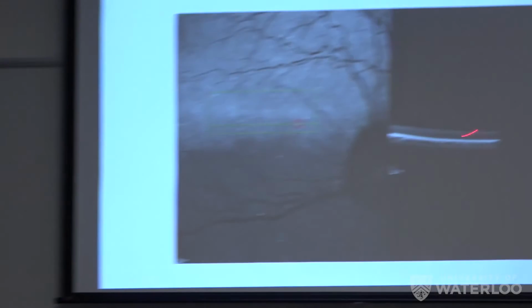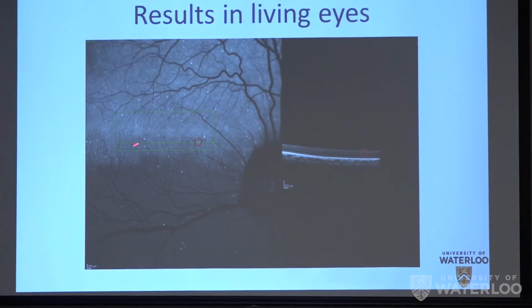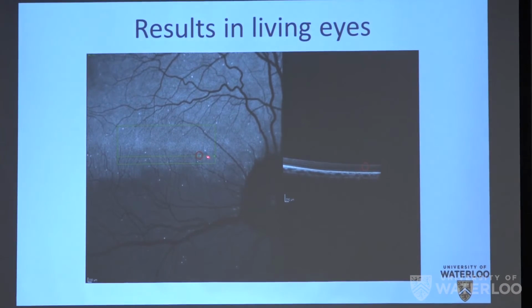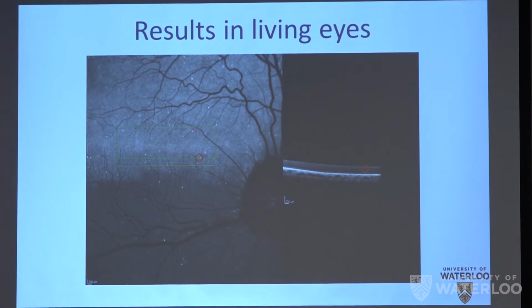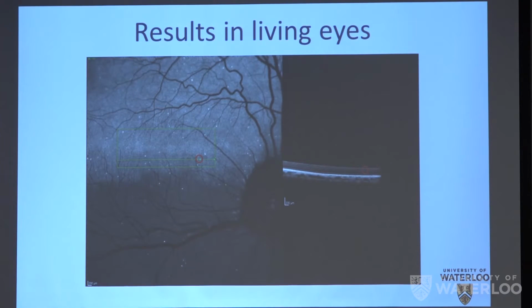So also, there had been some reports that optical coherence tomography was able to pick up these deposits. And so this is an example of an optical coherence tomography scan taken through a deposit with this instrument.